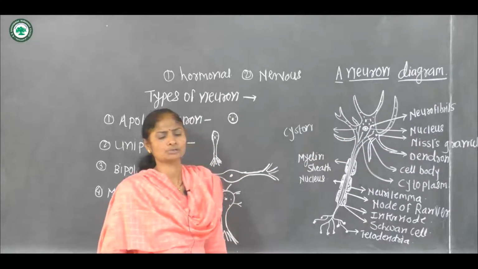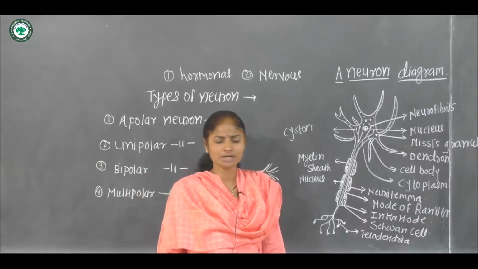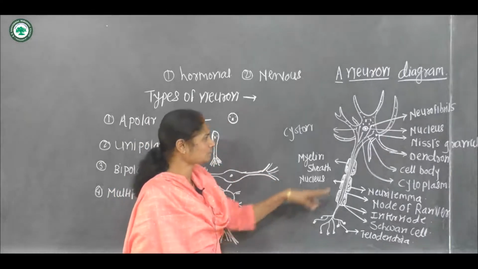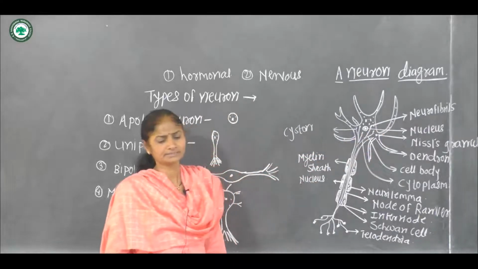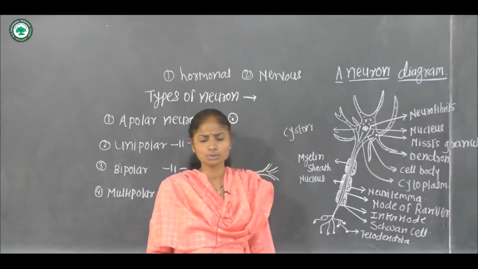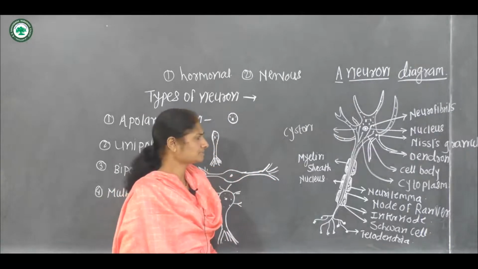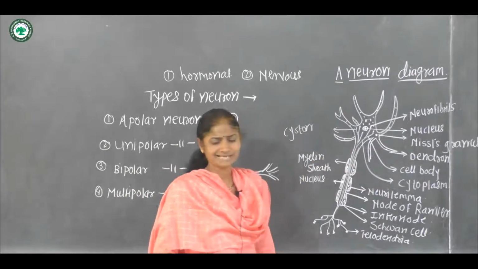Neurofibrils are also present. Small basophilic granules called Nissl's granules are also present. Mitochondria and endoplasmic reticulum are also present in the cytoplasm.